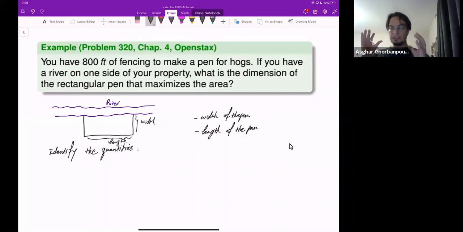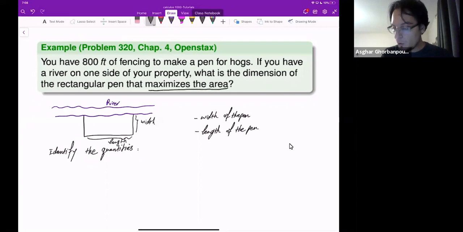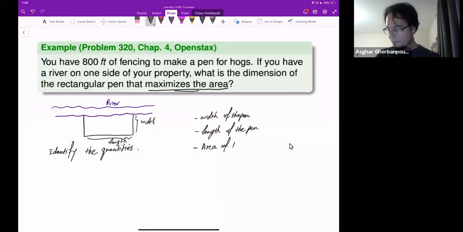One of the quantities that you always have to pick and bring into your modeling is the quantity that you are aiming at maximizing or minimizing. Here, we know that we want to maximize the area. So this in particular is very important, area of the pen.